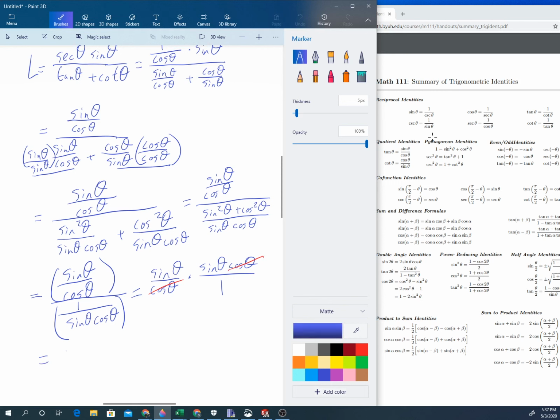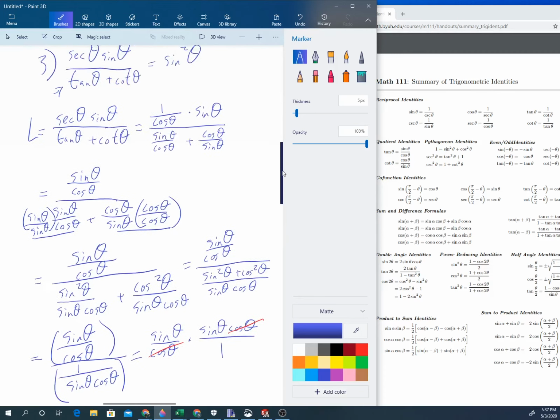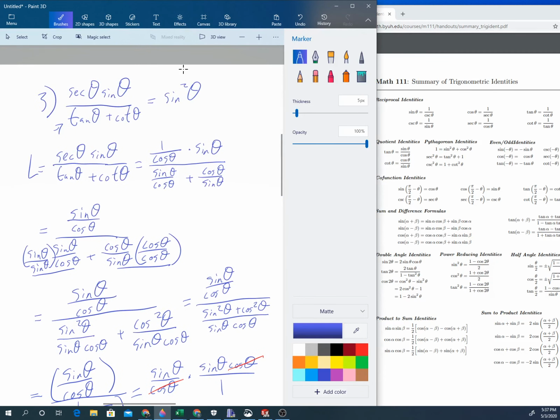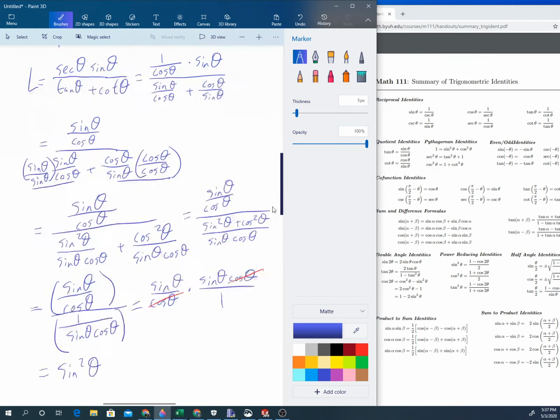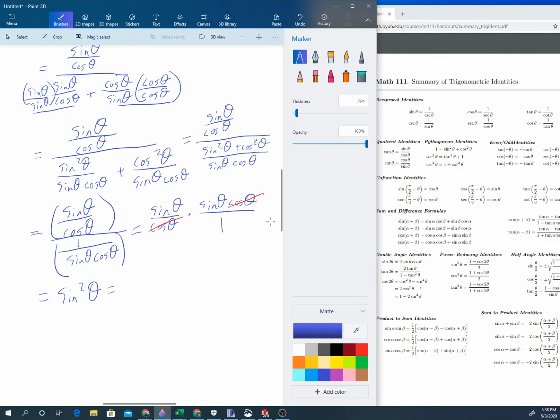And it simplifies to sine squared over 1, which is just sine squared. And let me see, I think that's what the right equaled. Yep. So I started with the left. Through a series of legal and mathematical moves, I got to the right, so I proved that the left does in fact equal the right.